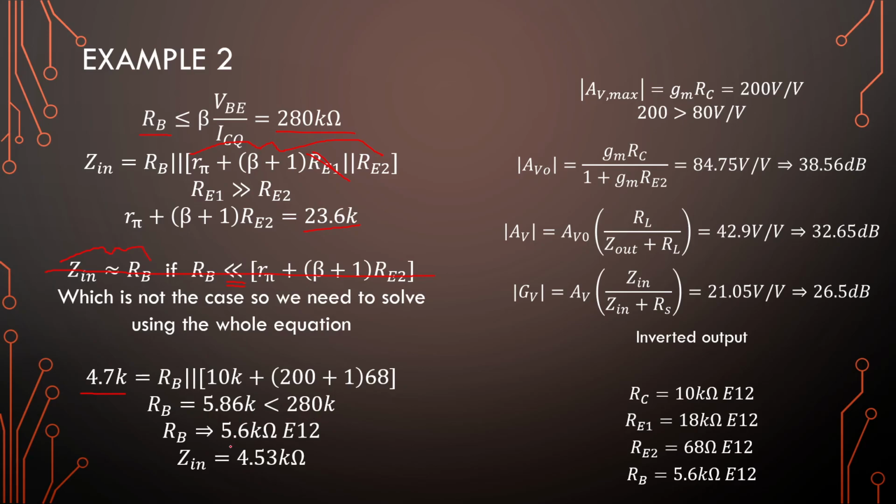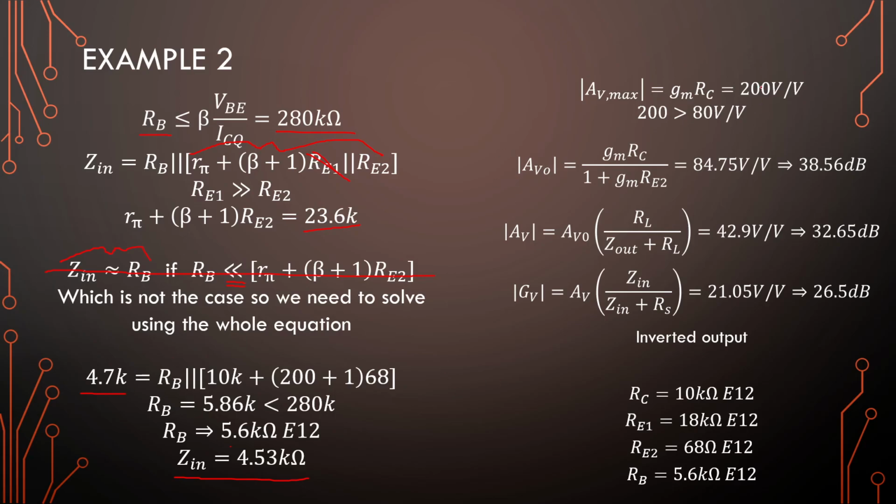Select the value 5.6 kilo ohms. And if we recalculate our Zin, this is 4.53 kilo ohms, which is fairly close to the 4.7 that we are designing for. And that is all our components calculated.